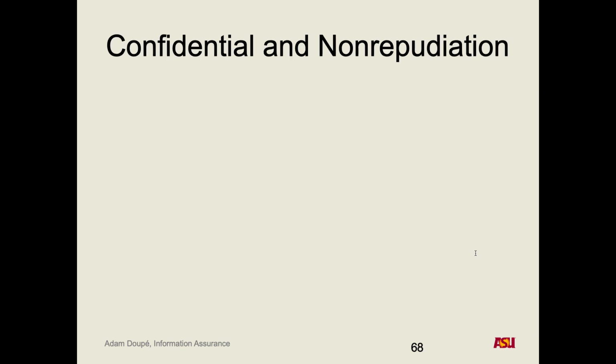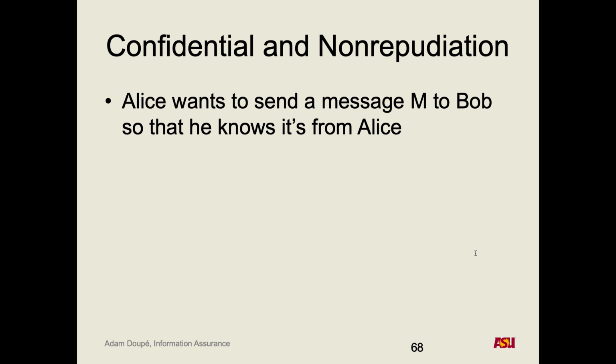How do we get both? So Alice wants to send a message to Bob that he knows is from Alice and that nobody else can know the contents of. We want both of these properties. Is this where you have to start using protocols, where you send a message safely and then they respond using part of that message as the key?